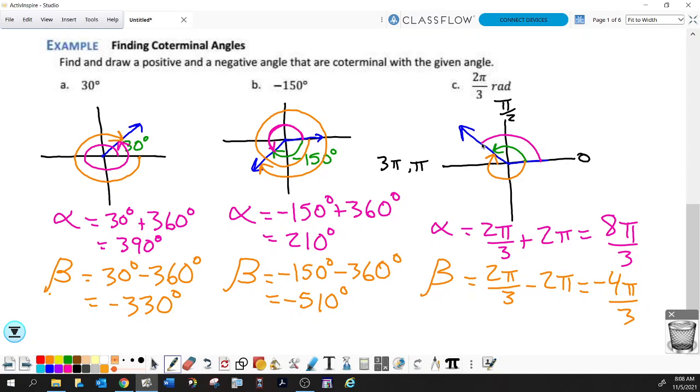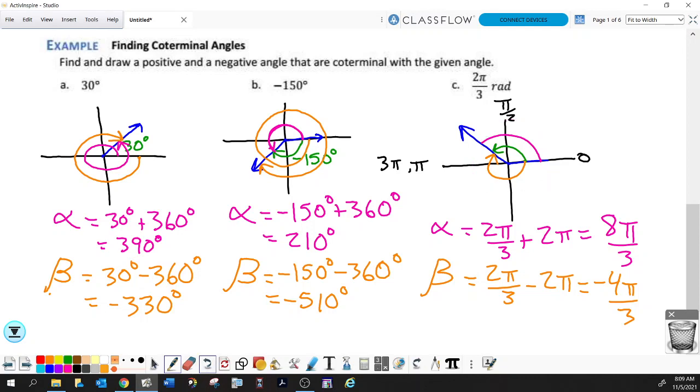So imagine you walked along that pink trip. You stopped where green stopped, and green was like, yo, I was already here. You got to find another answer. The only way that you can land in the exact same spot is if you went around the whole circle again, like that.